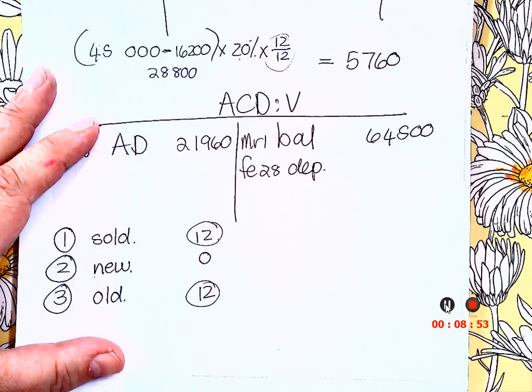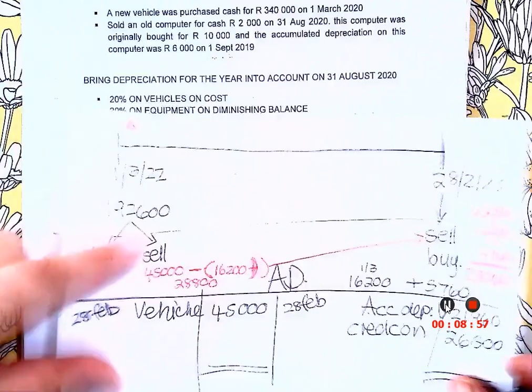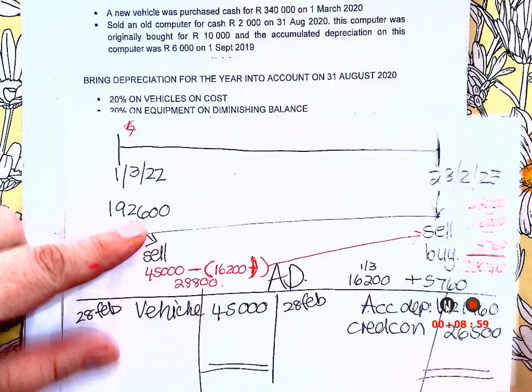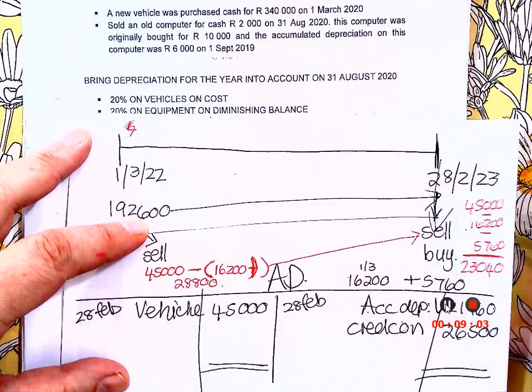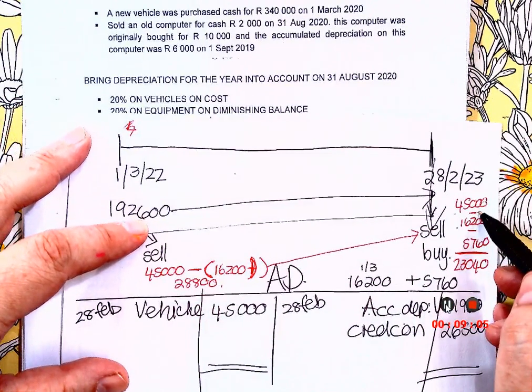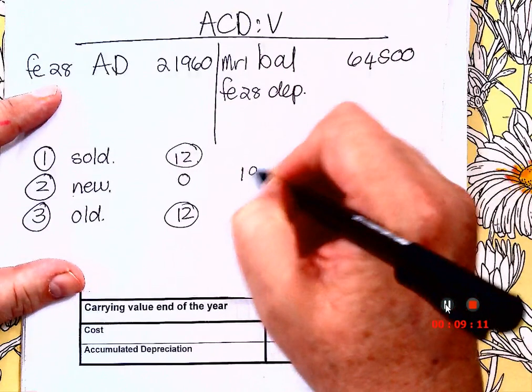So in other words, that 192,600 that I had at the start of the year, I had it the whole year. It's only here that I sell the 45. Is everybody with me? So can you see I can calculate the depreciation on the 192?